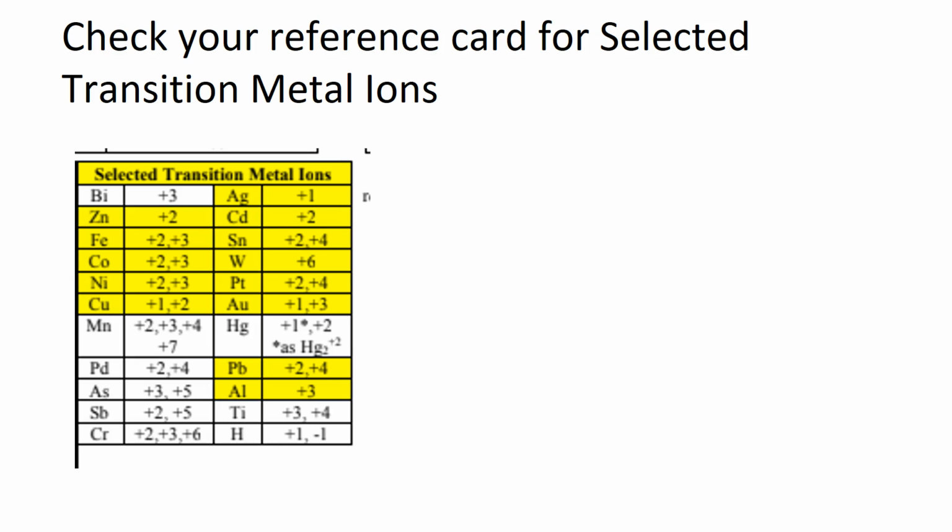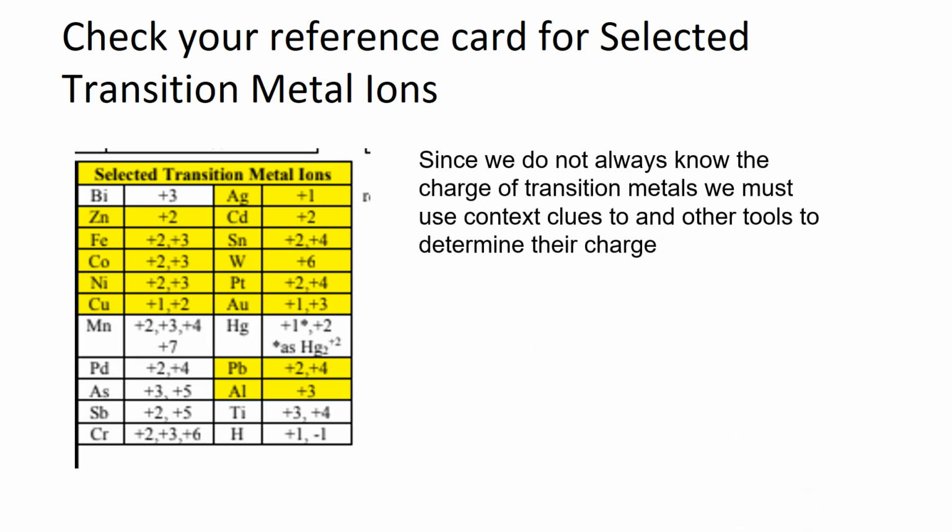That one has some of the ones that have multiple charges. It kind of helps you see them, but it's not all inclusive. Just know, since we do not always know the charge of a transition metal, we have to use context clues and other tools to determine the charge in the compound. All right, we're going to represent that in the name with parentheses.